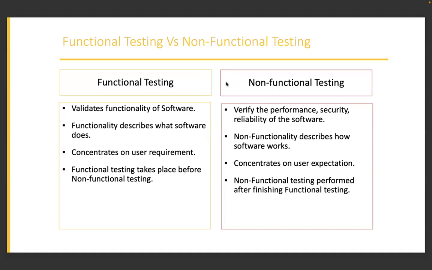We are trying to find out the bottlenecks, if any, like high response times and higher CPU utilization. We check server side metrics as well as client side metrics in performance testing. That's what we call performance testing.